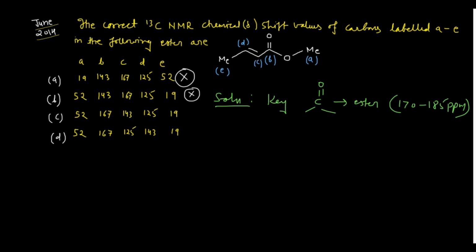How can we check option C? This is your C, and now see, this is 143, this is 125. Between 143 and 125, 125 is the upfield. So option D looks like the correct answer, and you can mark option D as the correct answer.